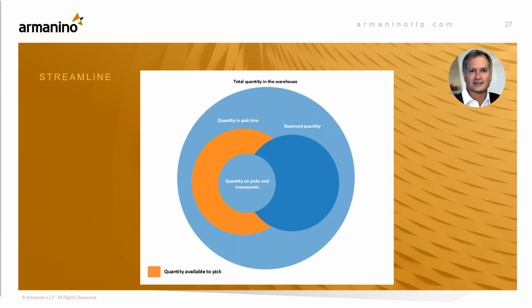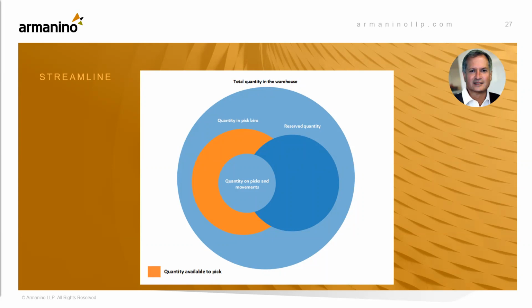I've got a customer saying, hey, I need this on a certain date. If I don't get it from you, I'm going to the next guy. Well, we can reserve that for you. And then the inventory system within Business Central will honor that reservation and will not show the reserved quantity as something that can be picked.